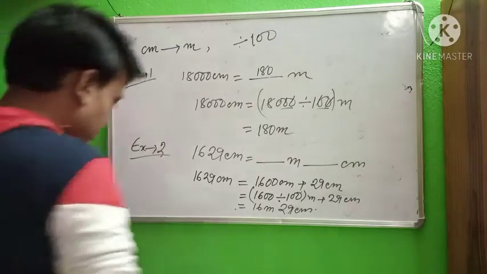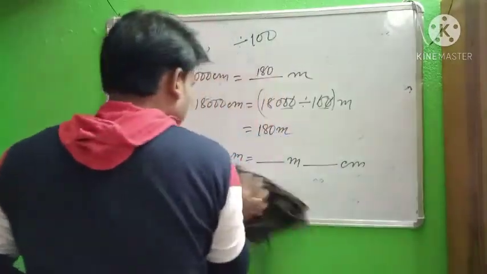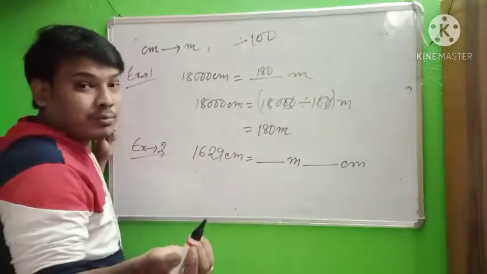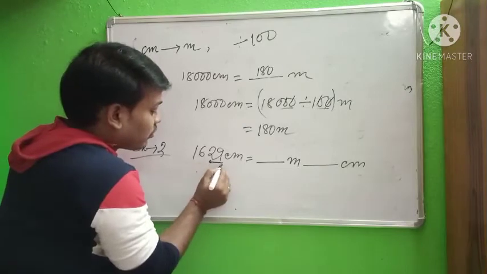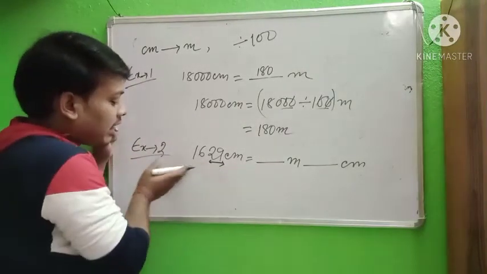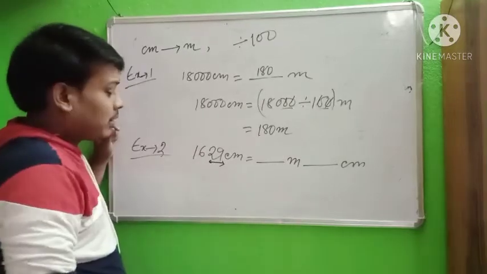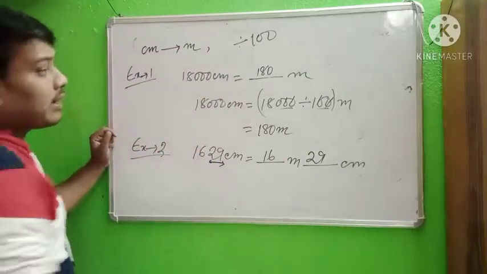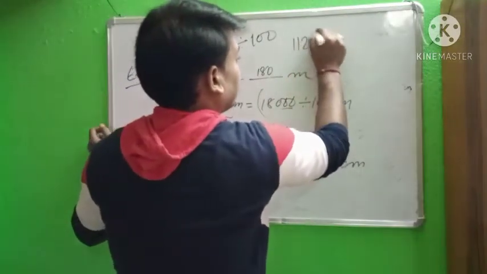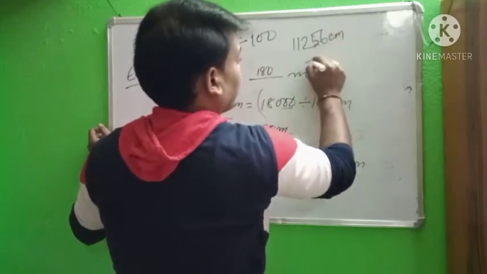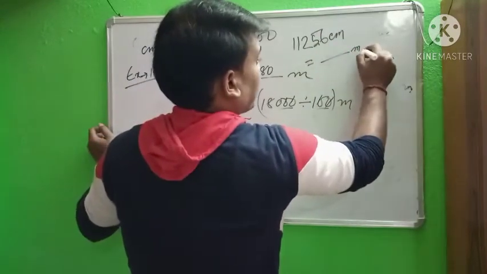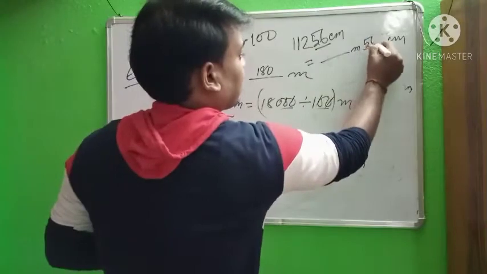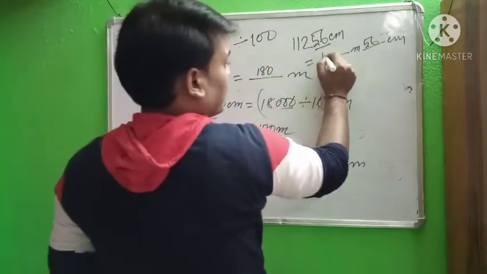Or you can choose another process, not written in the book, but you can follow this process also. It is a shortcut process. What is the shortcut process? We put the last two digits in centimeter and the other digits in meter. So directly we can write 16 meter 29 centimeter. Another example, 11256 centimeter equal to how many meter and how many centimeter? The last two digits 56 are centimeter and the other value 112 is meter.